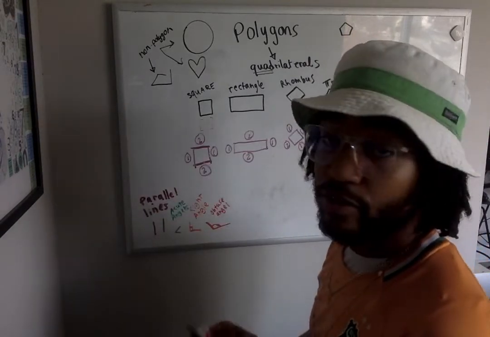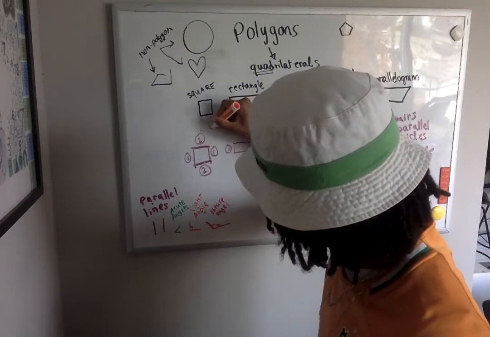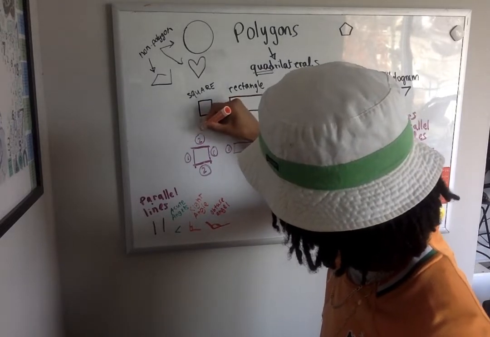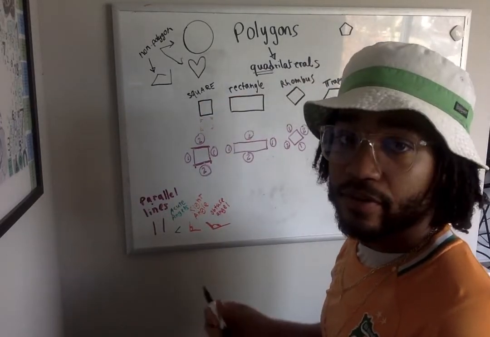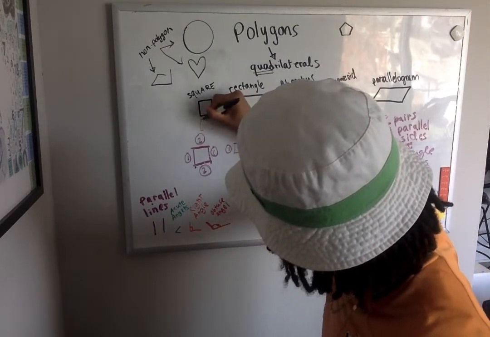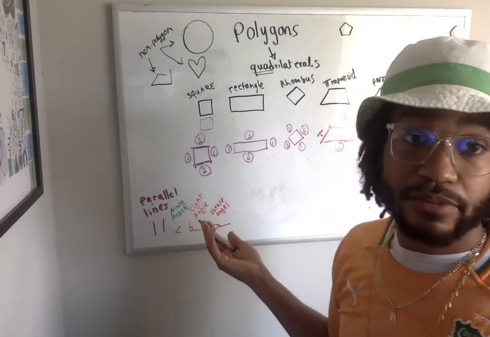And you know a right angle because it looks like the letter L. And then you can also put a square inside that space. So that's how you know if it's a right angle. You put a square right there so then you can see. So I'm going to connect that. Boom, boom, boom. And that's a square.